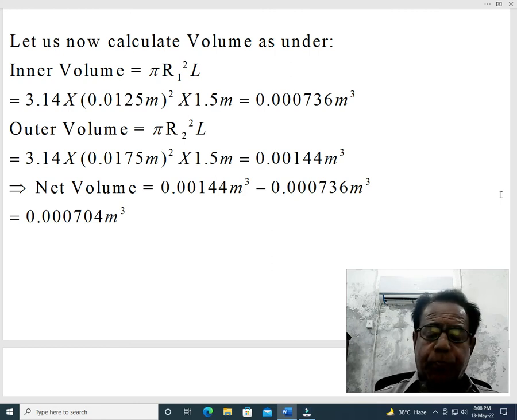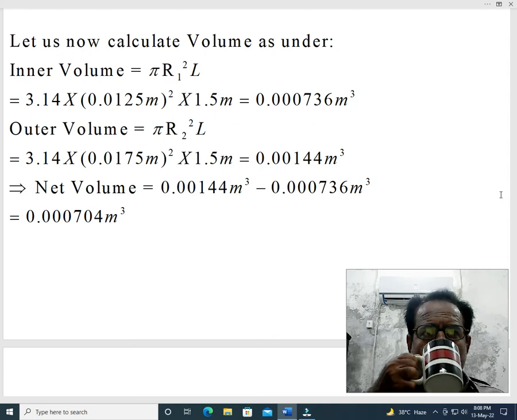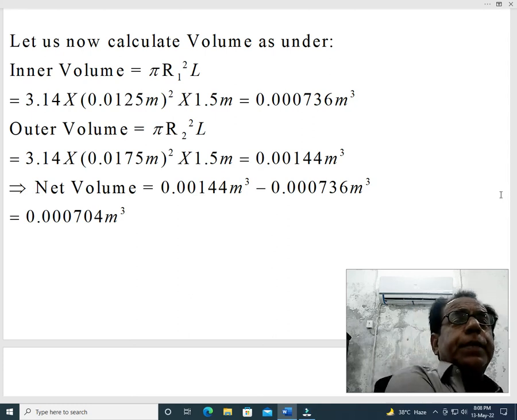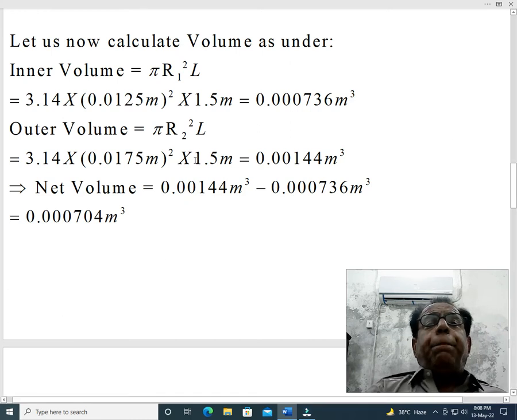Okay, dear students, pi r square L, inner volume is equal to pi r1 square L. We have designated R1 for inner radius and R2 for outer radius.